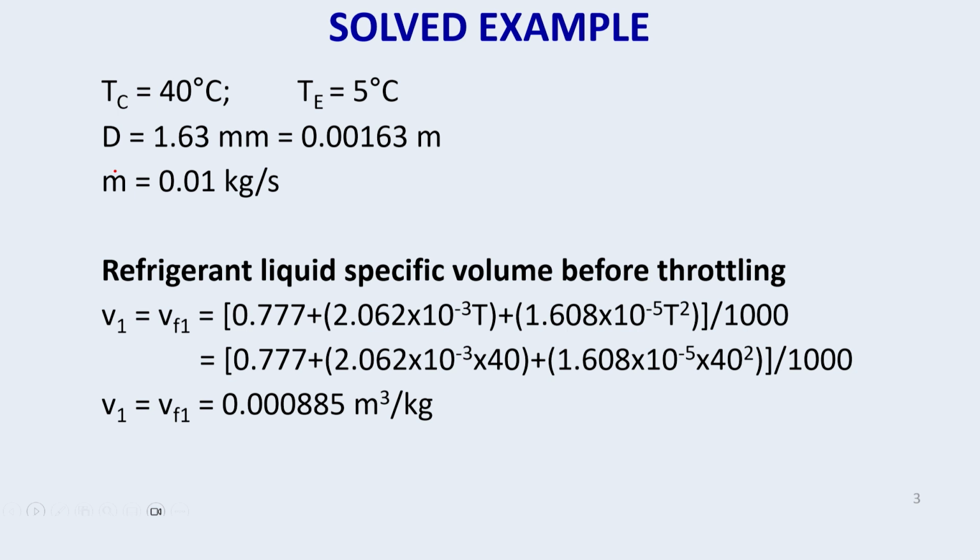I will take it as a small v. Since it is liquid specific volume, the subscript used is VF1. If it is vapor specific volume, it will be VG1. So V1 equal to VF1.